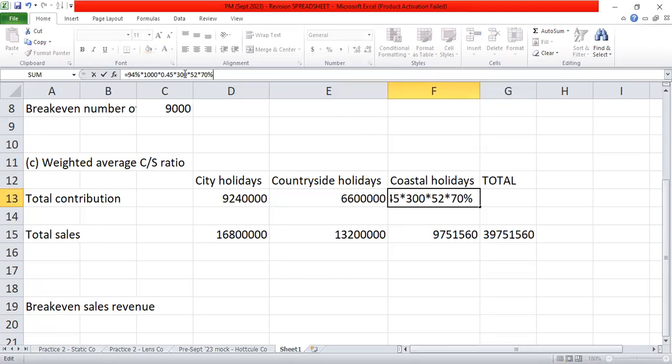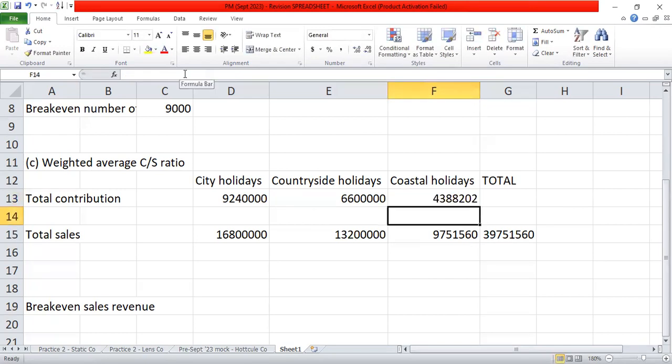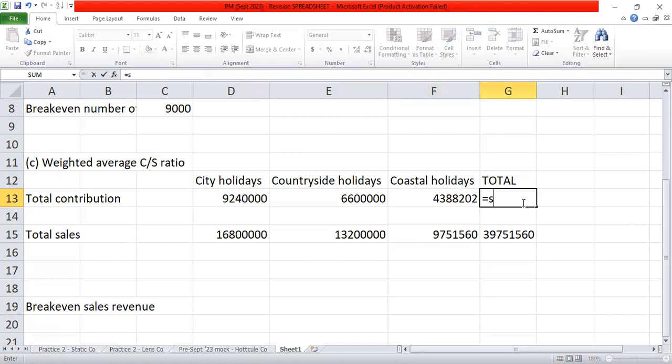It reduces by 5%, so times 95%. So I got my total contribution from all three services to be that. So the weighted average CS ratio is total contribution based on budgeted units divided by total sales based on budgeted units.